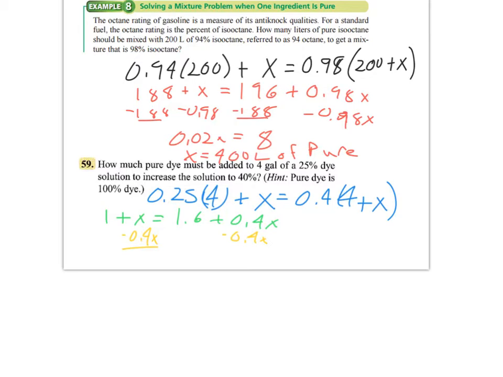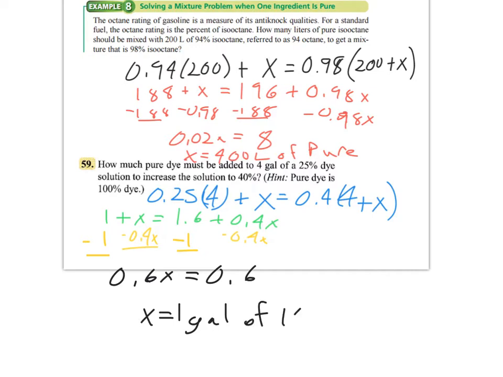Since I'm putting the x's on the left, I'm going to move all the numbers over to the right, so I'm going to subtract 1 from both sides. Again, if the decimals are a little tricky, use the calculator to help. So that's 0.6x equals 0.6. Divide by 0.6, and you should get 1. So it looks like 1 gallon of 100% dye, or pure dye.